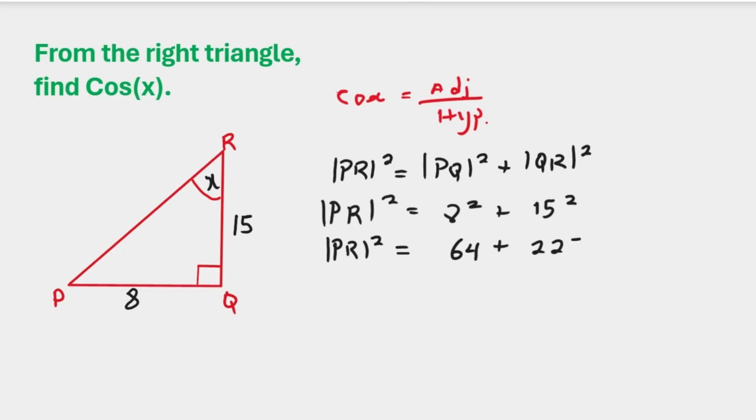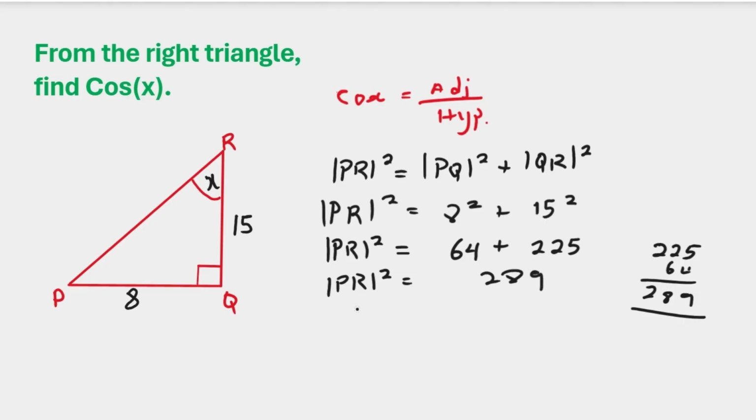We are just multiplying 15 by itself. Now PR squared, you can add 225 plus 64. That's going to be 289.